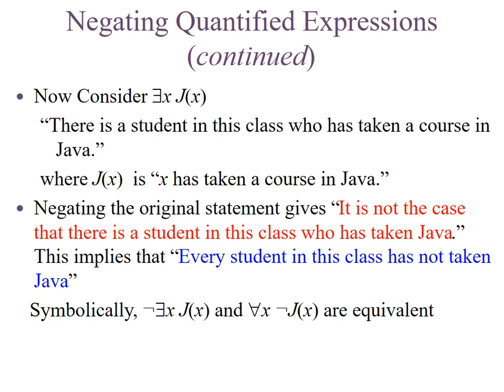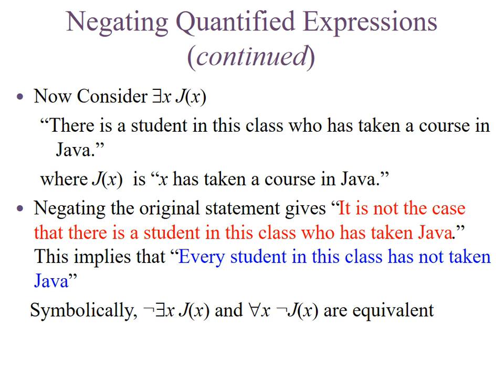Okay, then next let's see how we negate for some x J(x). If we have one student in this class who has taken the course in Java, then the negation is that it's not the case that there is a student in this class who has taken the course in Java. So we have no student in this class who has taken Java.